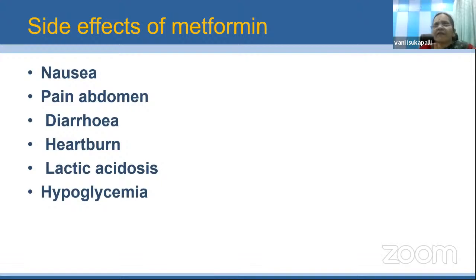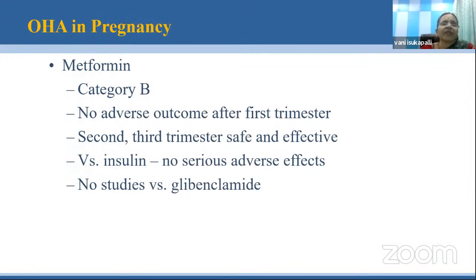But there are certain few side effects with metformin, like nausea, pain abdomen or bloating or distension, diarrhea, heartburn, possible attacks of hypoglycemia or lactic acidosis. So these are common, but lactic acidosis is quite rare. Even hypoglycemia is quite rare with usage of metformin.